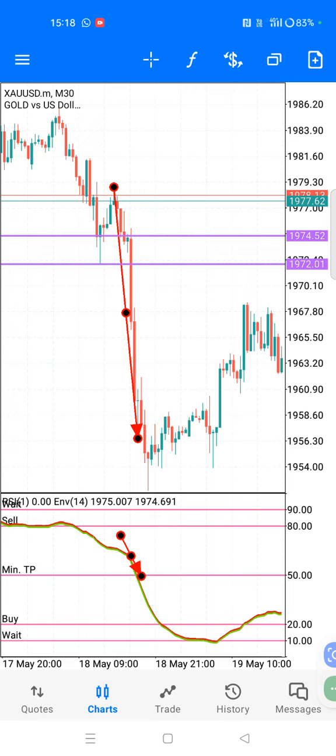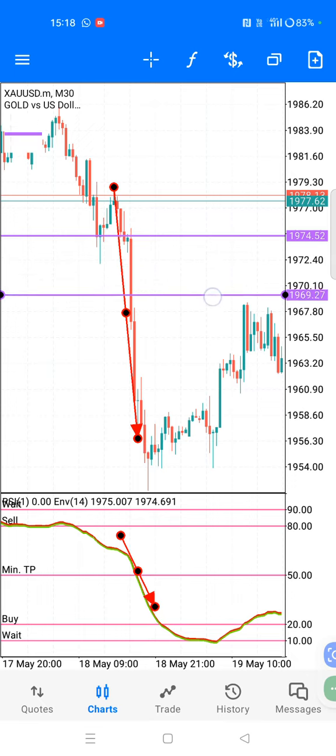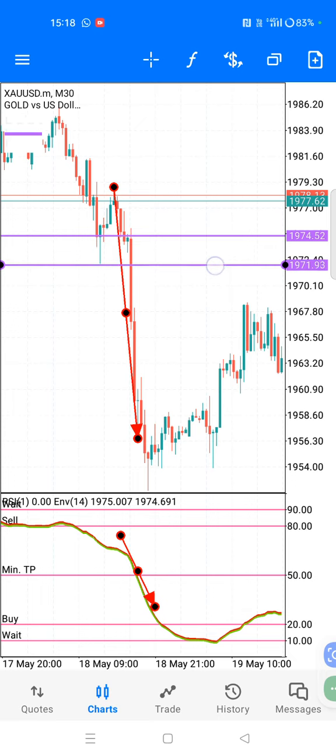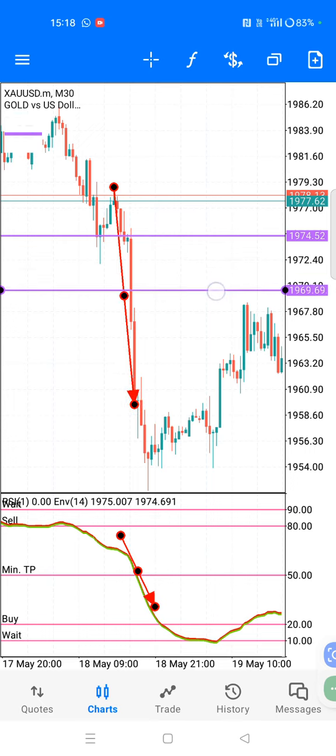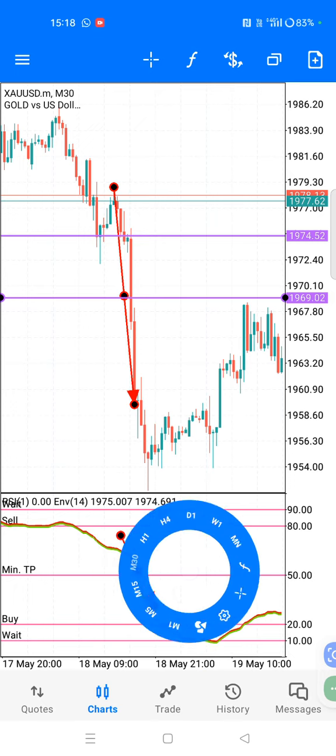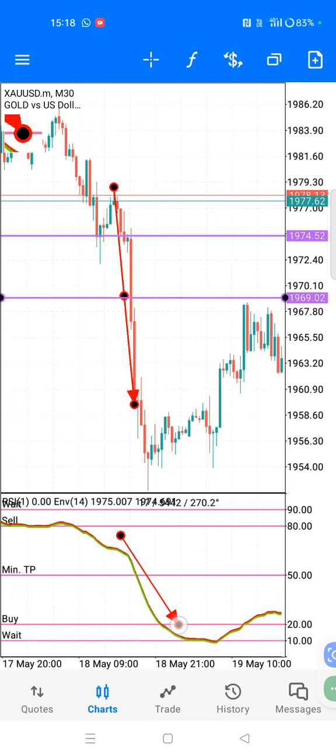Guys, this strategy works. Let's say you waited until this 11th candle to stop, but you still want to carry on, maybe until you go to the line of 20, the buy signal.